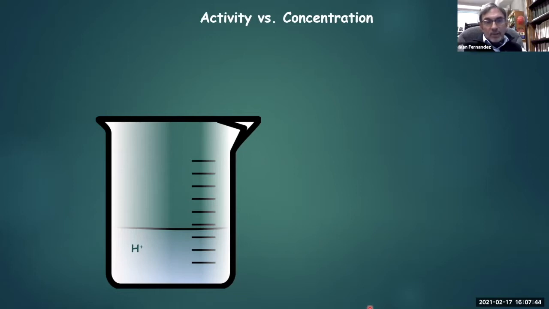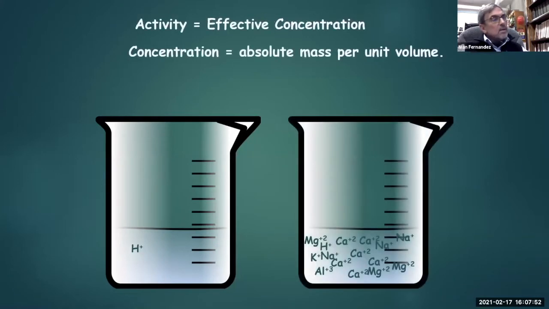However, if we looked at that same amount of hydrogen in another system, here's another beaker, and there's our hydrogen. We still have just one hydrogen here, but there's a whole bunch of other stuff, lots of other ions or solutes or things dissolved in the water. And in that case, the concentration is still the same.